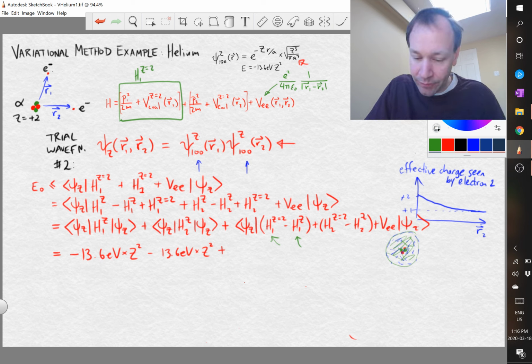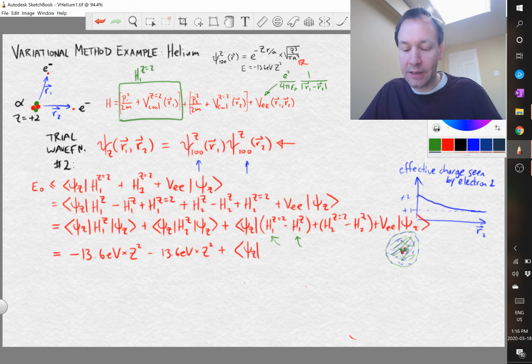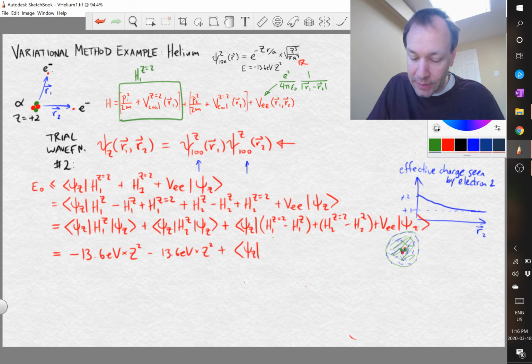Let me write that down explicitly. H1 with Z equals 2 minus H1Z is just minus 2e squared over 4 pi epsilon naught R1, plus Ze squared over 4 pi epsilon naught R1.